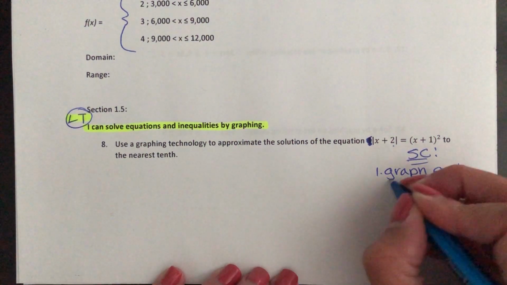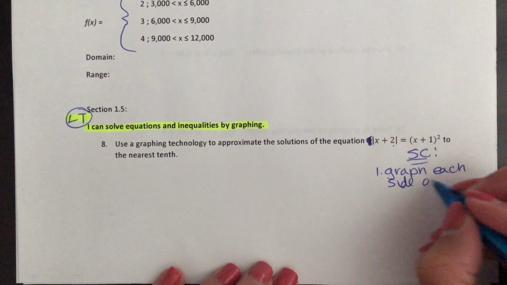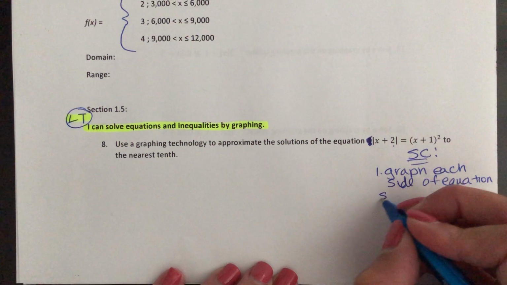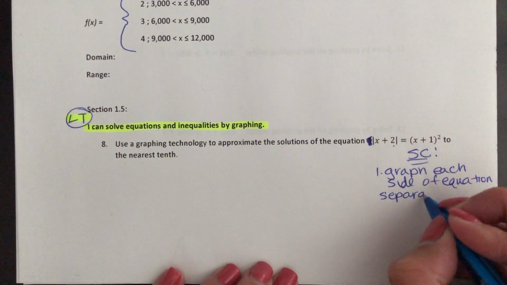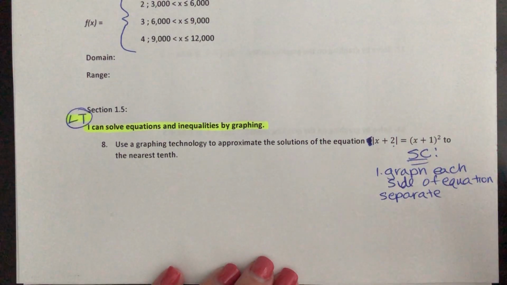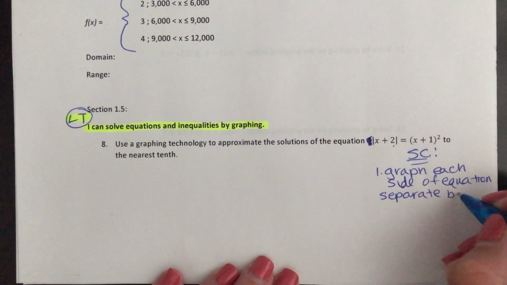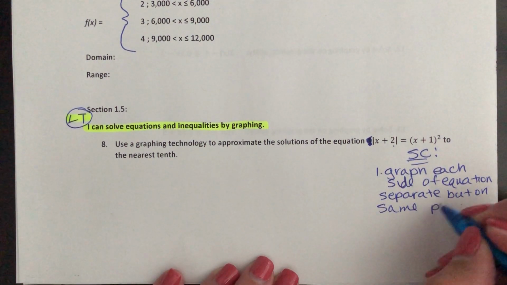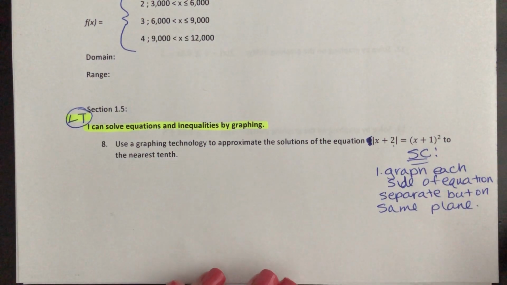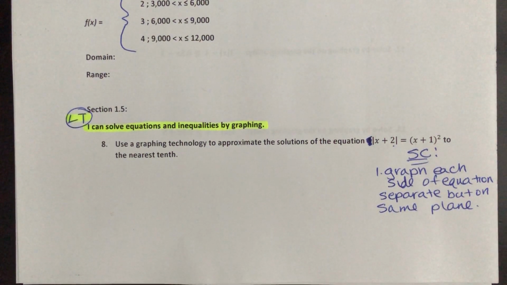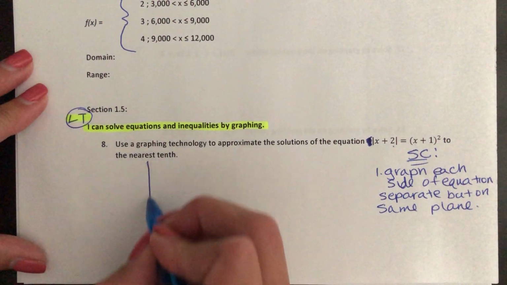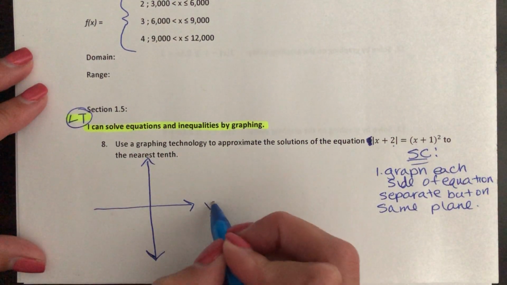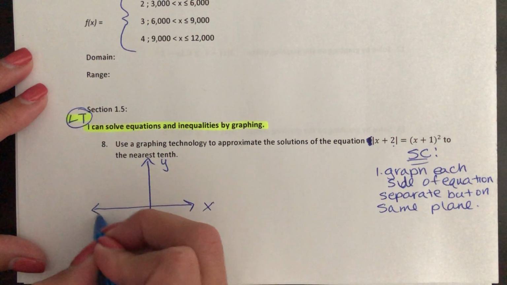Graph each side of the equation separately but on the same coordinate plane. All right, so go ahead and throw that into whatever program you're using. I'm just going to draw a sketch of it, so you should have an accurate picture in front of you.